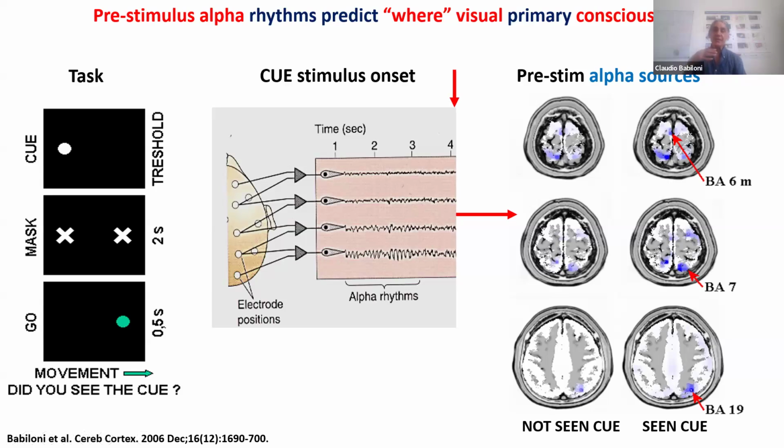So in other words, when there is a strong alpha source activity in the where visual stream in the occipital, parietal, and premotor areas, the person was able to recognize the cue stimulus.